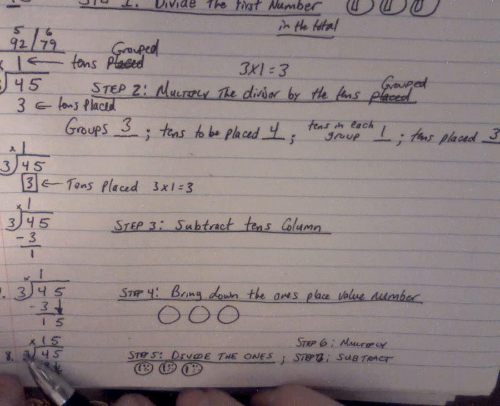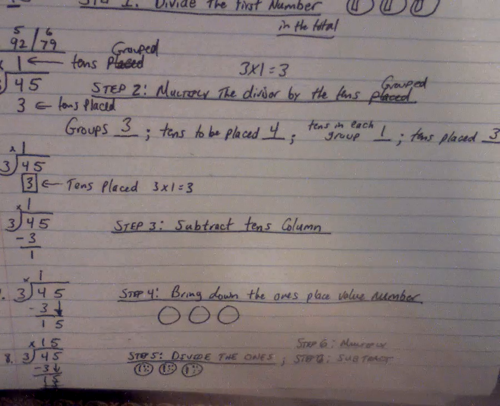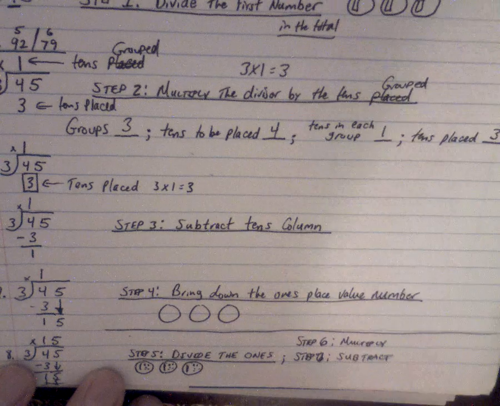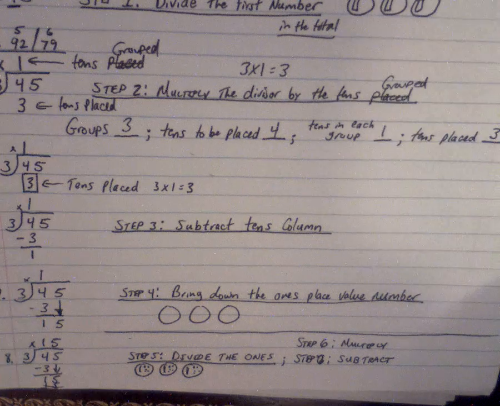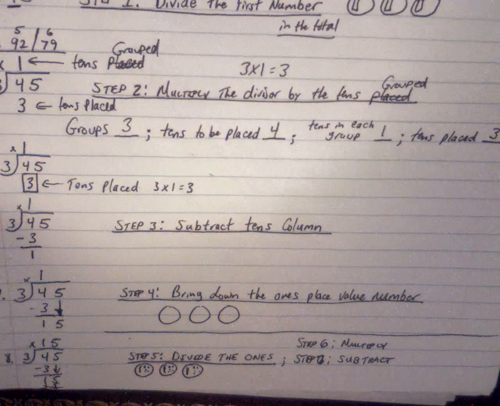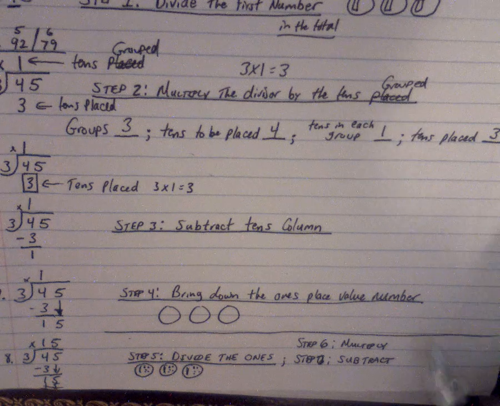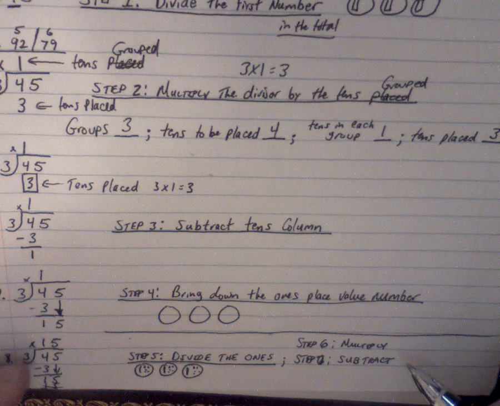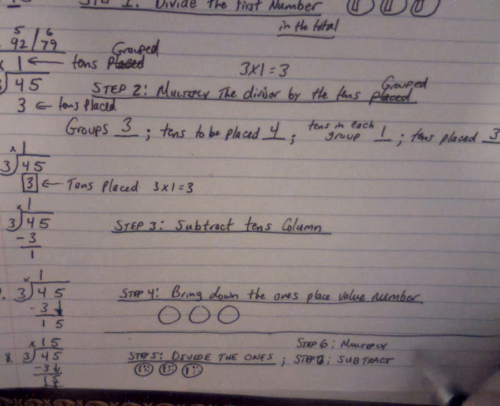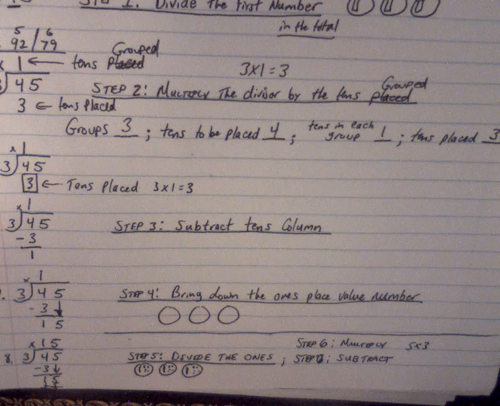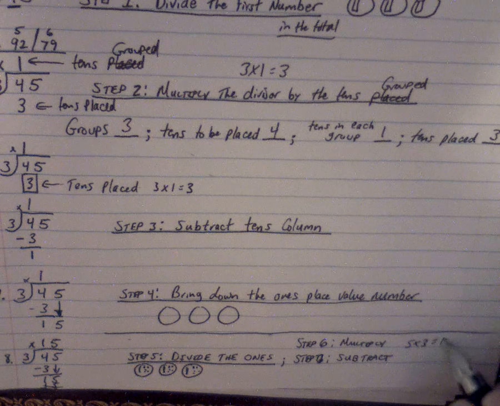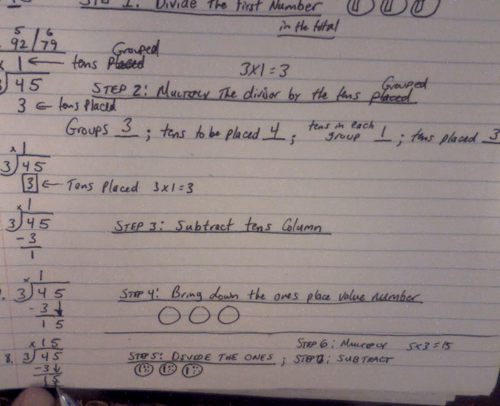I got 5. Then what I need to do is multiply the ones by the divisor. Okay, so 5. Once I get to step number 4, I just go back to the start and I do it with the ones column instead. So I'm multiplying the ones grouped by the divisor. So 5 times 3, and that's going to give me 15, which I put down here.